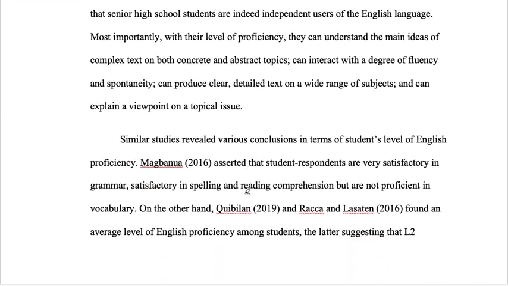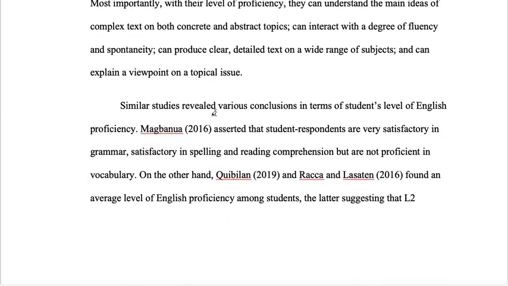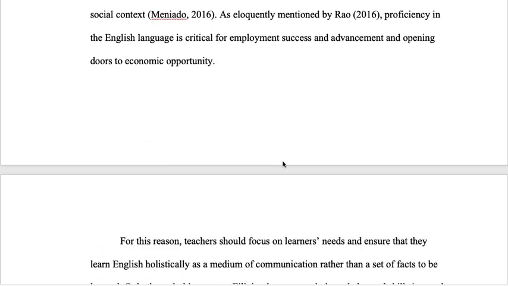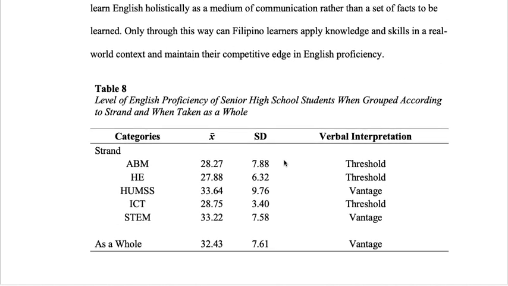So again, this is for the strands. When the respondents are grouped according to strand. There. So Table 8 shows our data about the level of English proficiency of senior high school students when grouped according to strand and when taken as a whole. So during the examination, you are to compute for the means and the verbal interpretation.